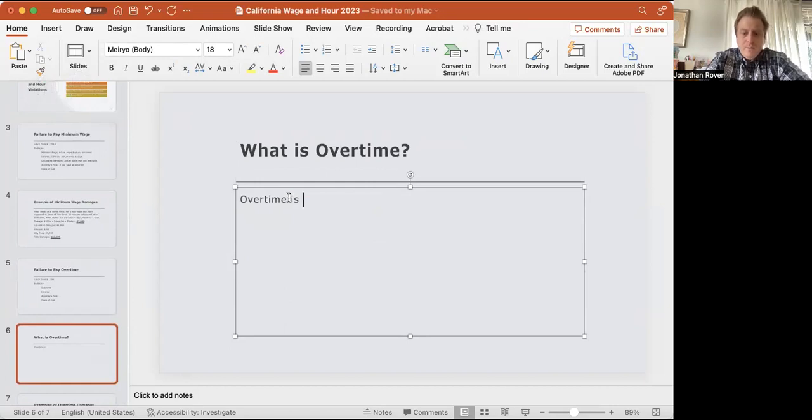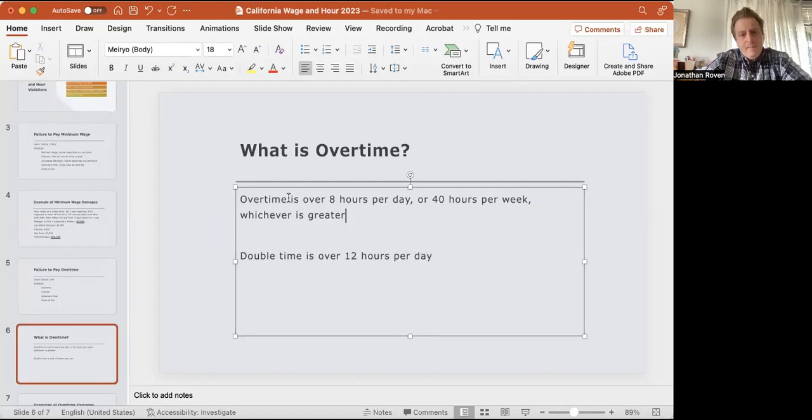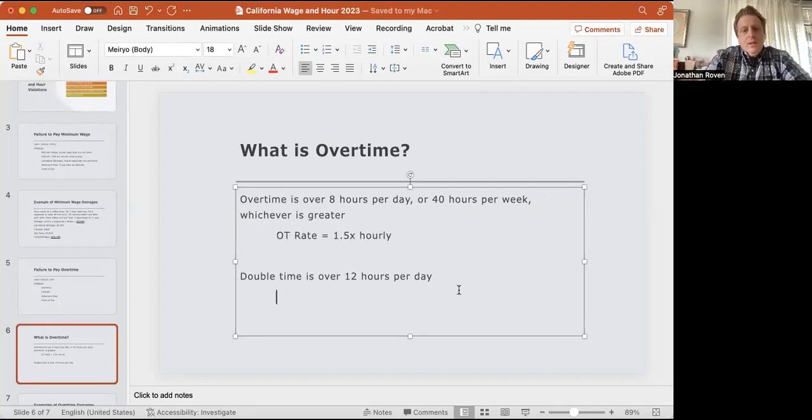Overtime is over 8 hours per day or 40 hours per week, whichever is greater. Double time is over 12 hours per day. So the overtime rate is 1.5 times hourly. The double time rate is 2 times hourly.